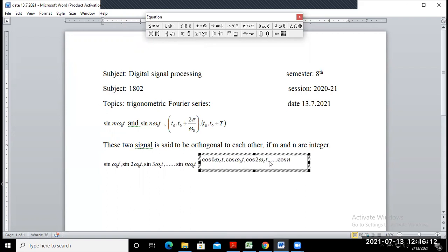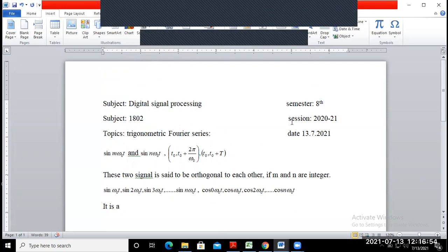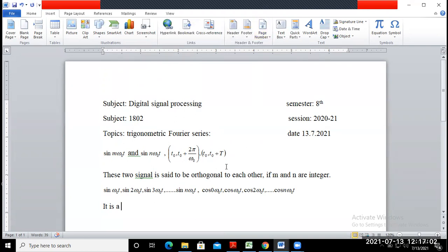So together with the sine functions, it is a complete set of orthogonal functions.